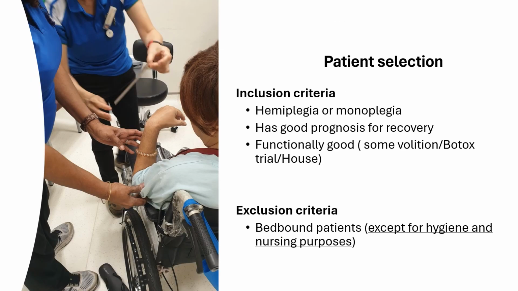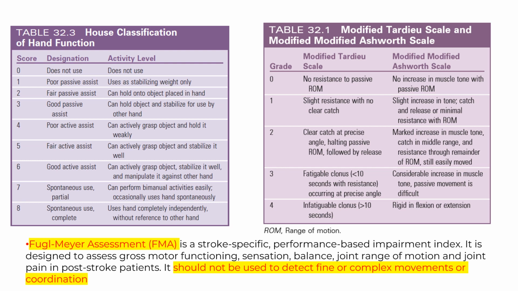With our inclusion criteria for our patients, we only consider surgical intervention in those who are functionally good and who are able to perform in society. Bed-bound patients are not included in our patient selection for surgery unless for hygiene and nursing purposes. These are the two instruments that we use to measure the hand function from spasticity using the House classification.